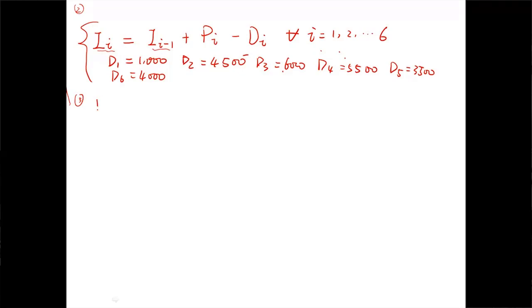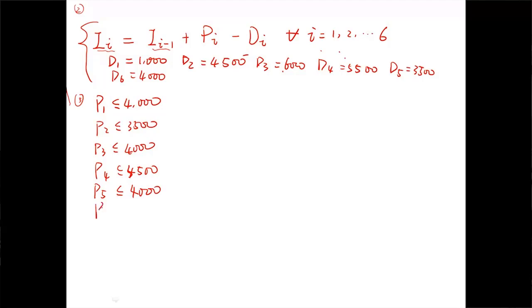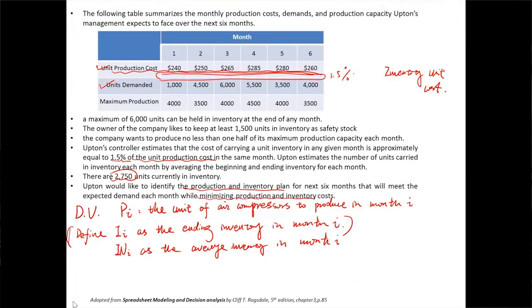So P1 needs to be less than or equal to 4000. P2 less than or equal to 3500. P3 less than or equal to 4000. P4 less than or equal to 4500. P5, P6. Okay, so that's the third group of constraints. Maximum production used.